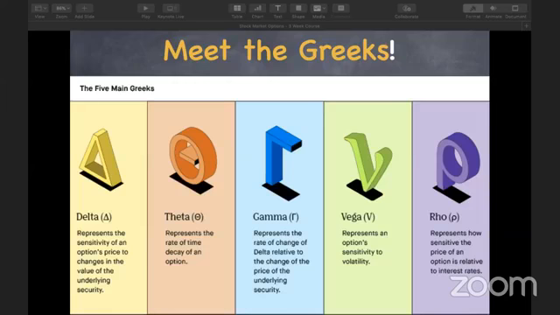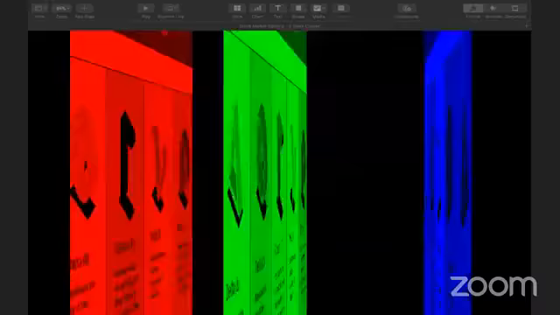Certain stocks and certain industries are affected by interest rates more than others, like banks, possibly insurance companies, pretty much anything dealing with lending money or some kind of banking. Those types of companies may be impacted by interest rates. Others are not. So it's Delta, Gamma, Theta, Vega in a row.